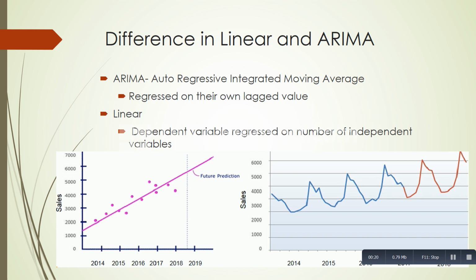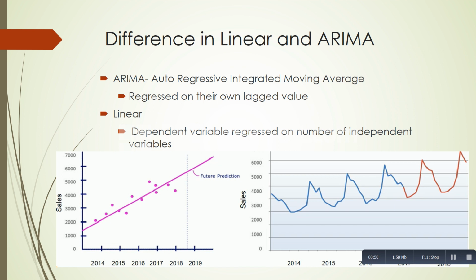Basically, ARIMA stands for Auto-Regressive Integrated Moving Average. The difference between linear regression and the ARIMA model is that ARIMA is regressed on its own lagged values, while in a linear model the dependent variable is regressed on a number of independent variables and not on its own lagged values. ARIMA has an advantage as it tackles problems like trend and seasonality.